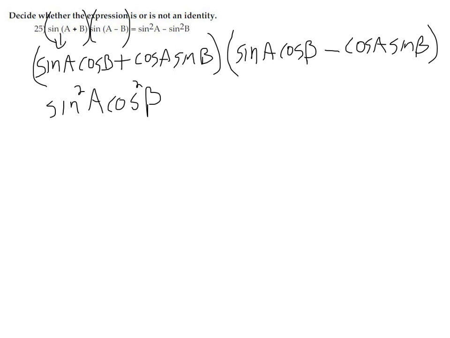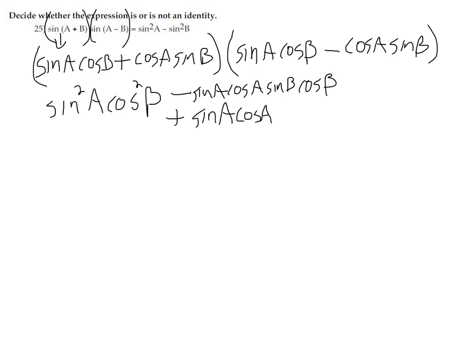Outer product would be minus sine A cos A sine B cos B. The inner product here is going to be plus sine A cos A sine B cos B, and they do in fact cancel.